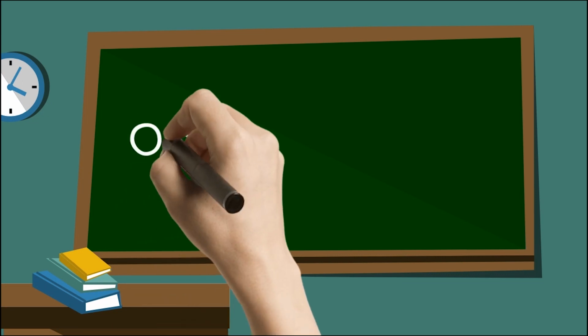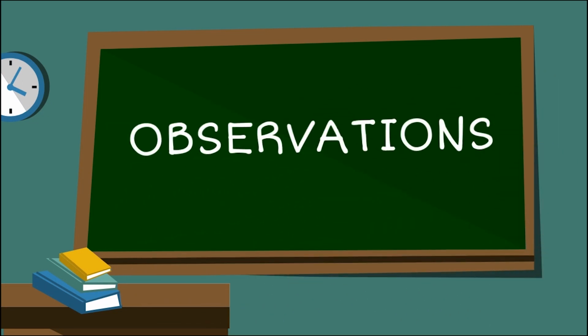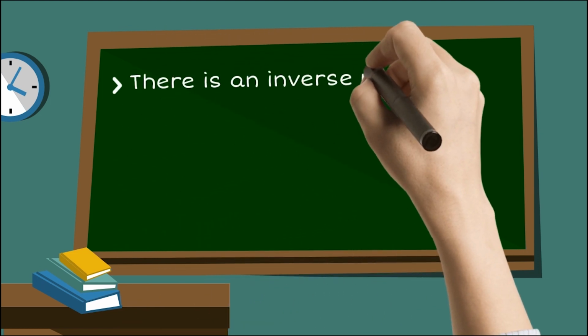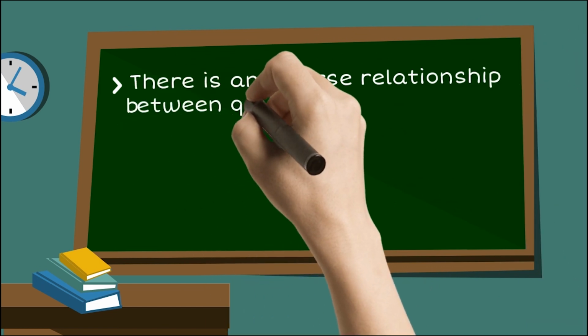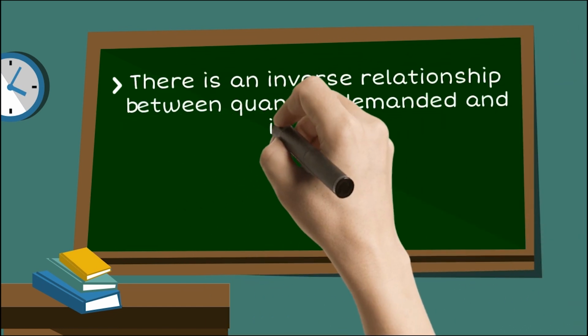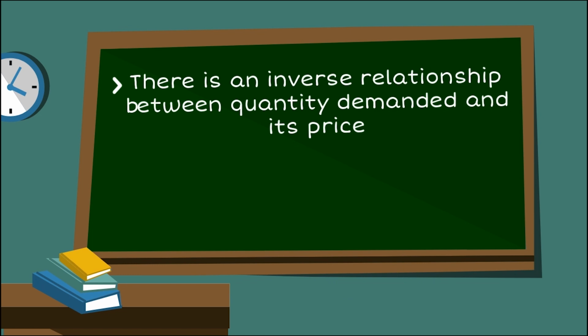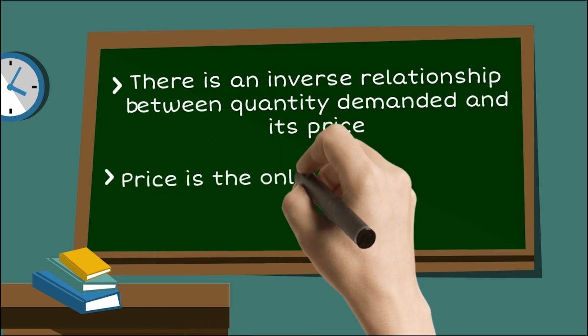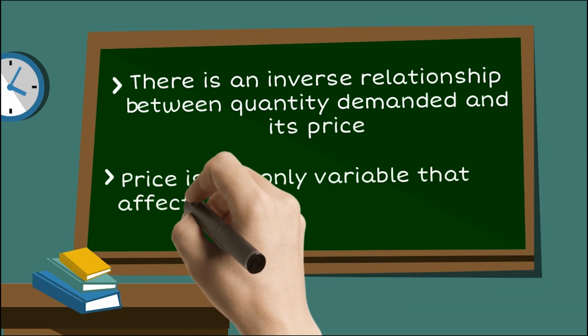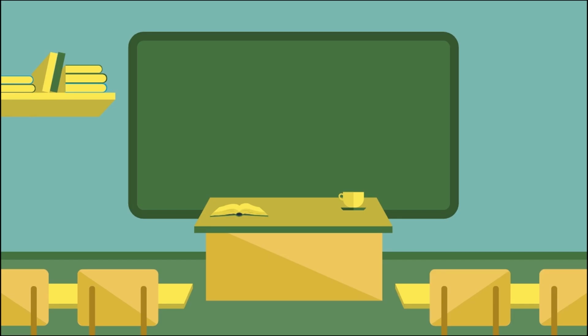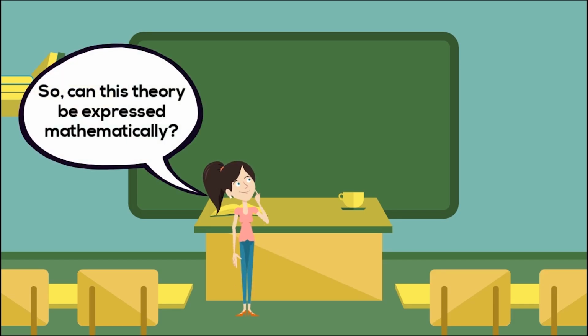The observations that can be made from this statement are: first, there is an inverse relationship between quantity demanded and its price. Second, other things remain the same, or in other words, price is the only variable affecting the quantity demanded. So, can this theory be expressed mathematically?